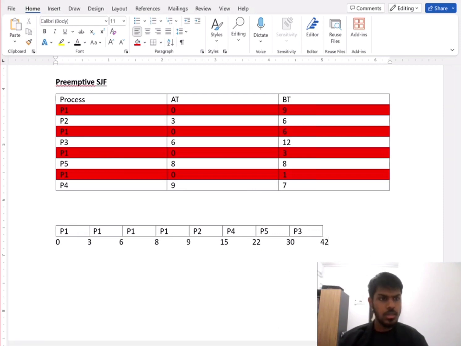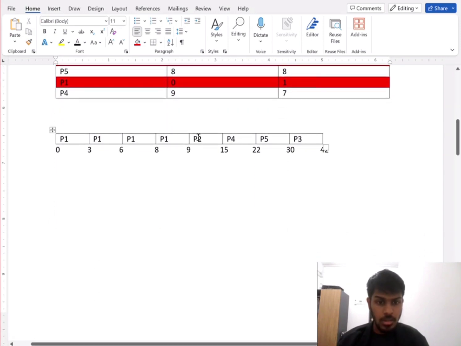Now calculating waiting time and average waiting time, we use the current chart.